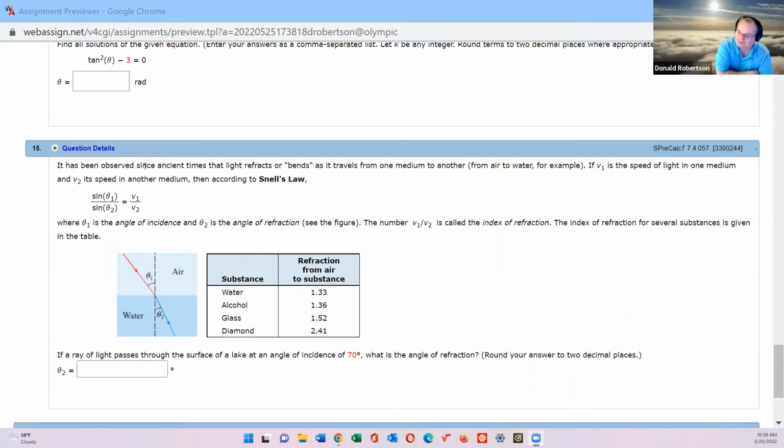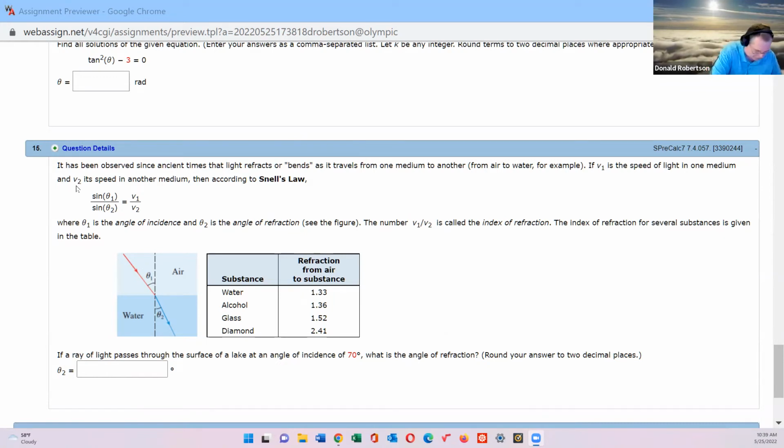So if you try to spear a fish, you don't spear where you think it is. You spear where it really is, because you get a false impression. Anyway, it's been observed for a long time that light refracts, or gets bent, in a medium. So air into water, glass, and so on.